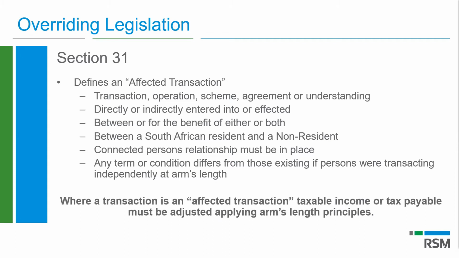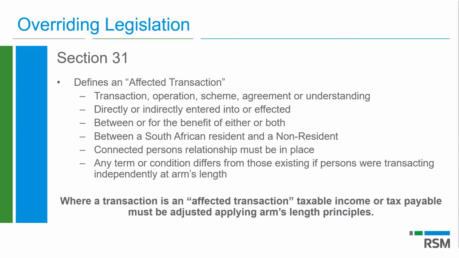then the Tax Act requires, where a transaction is an affected transaction, that taxable income or tax payable must be adjusted, applying the arm's length principle. And this is an extremely important aspect of Section 31 to keep in the back of your mind: must be adjusted means that the obligation is placed on the taxpayer to adjust in such a manner that the transactions are regarded as being at arm's length.